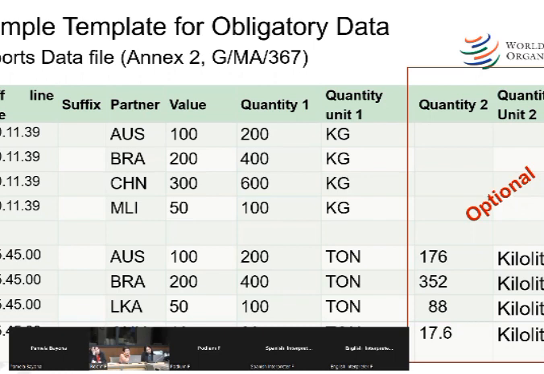In this slide is a template for obligatory data for imports. So again, you have the tariff line code on the first column. You have a suffix in case there are suffixes. The next column refers to the partner where you imported the goods from.